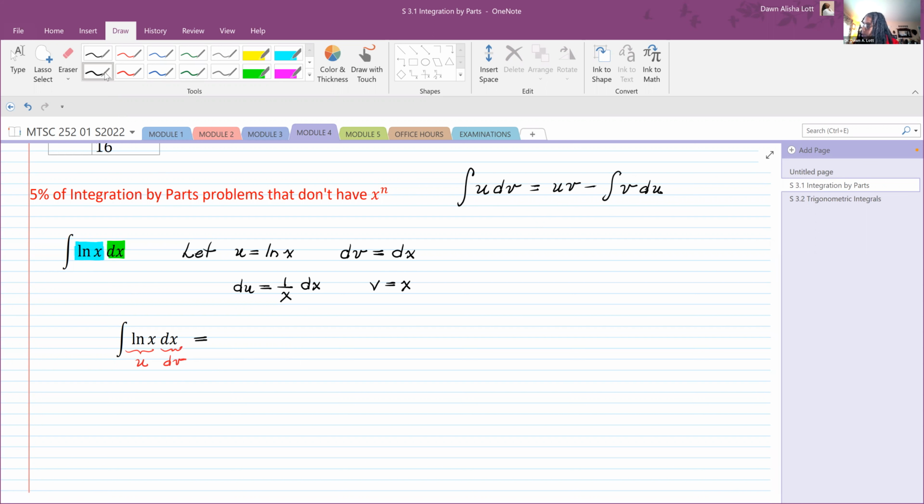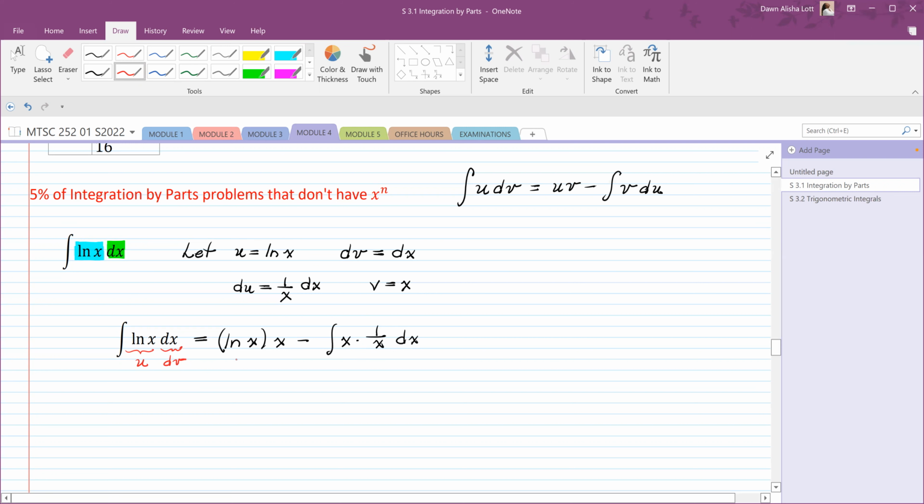All right, so it's going to equal u, which is the natural log of x, times v, which is x, minus the integral of v, which is x, times du, which is 1 over x dx.